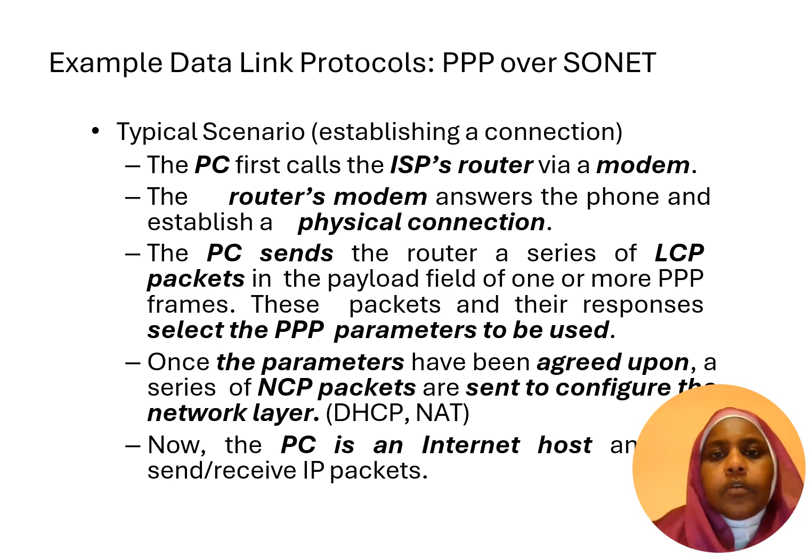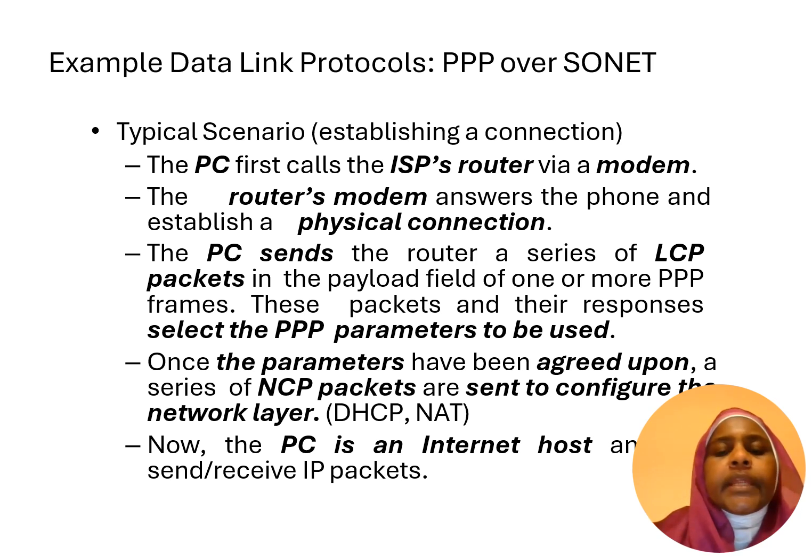A typical scenario for establishing a connection: a PC first calls the ISP router via a modem. The router's modem answers the phone and establishes the physical connection. The PC will send the router link control protocol packets in the payload field of the point-to-point protocol frame, to negotiate the point-to-point parameters to be used.